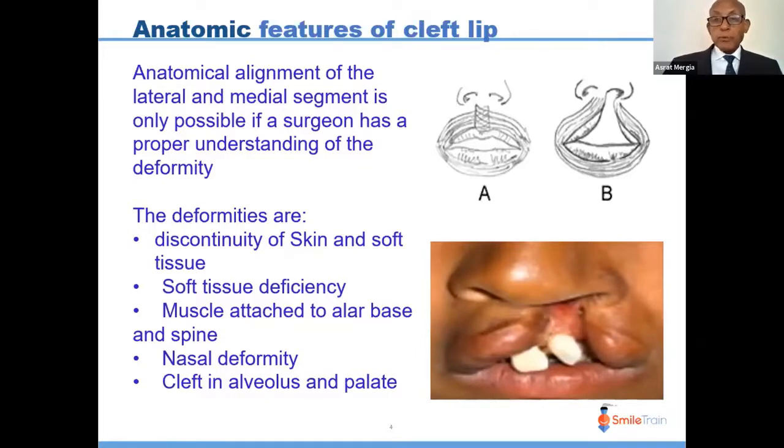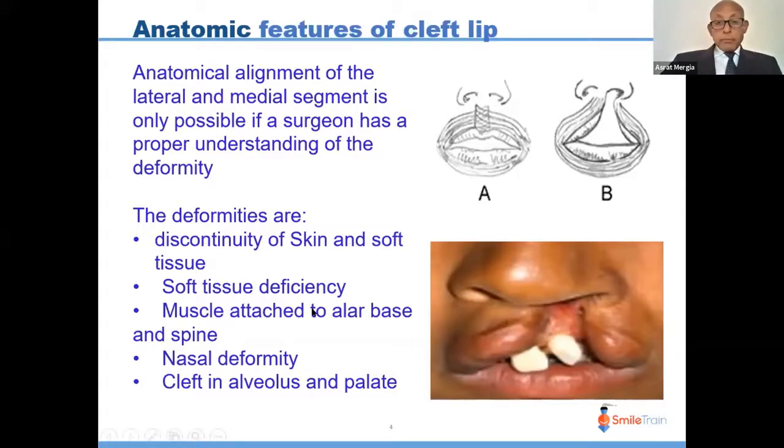It's very important to realize that at the lip side there are discontinuities of the skin or soft tissue, but the main deficiency is the soft tissue, the muscle and the other parts of the bulk, and we have to consider this when repairing the deficient part. We should not just consider the skin, but give higher attention to filling the bulk with muscle and all structures of the lip.